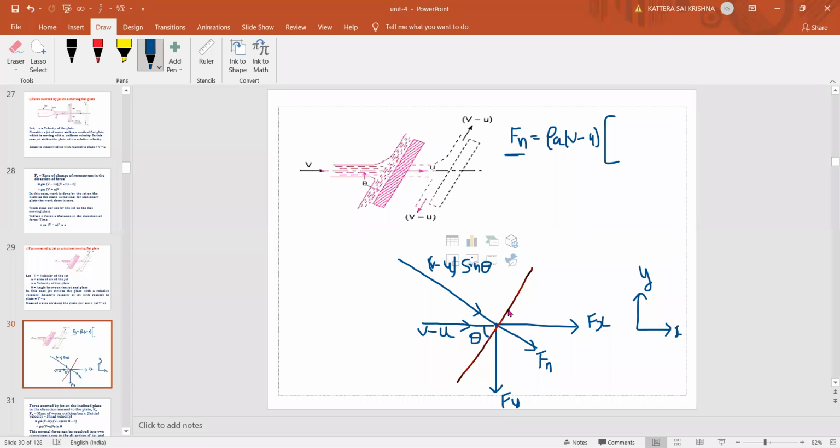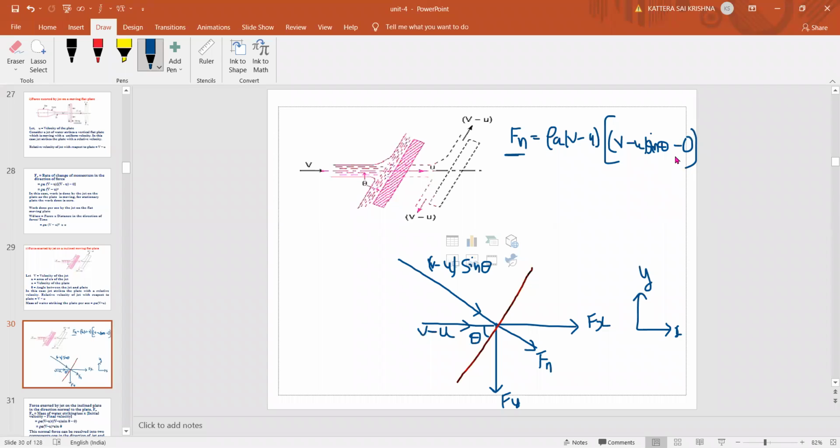After the jet hits the plate, in the normal direction the final velocity will be zero. So the initial velocity is v minus u sine theta, minus the final velocity in the normal direction, which is zero.